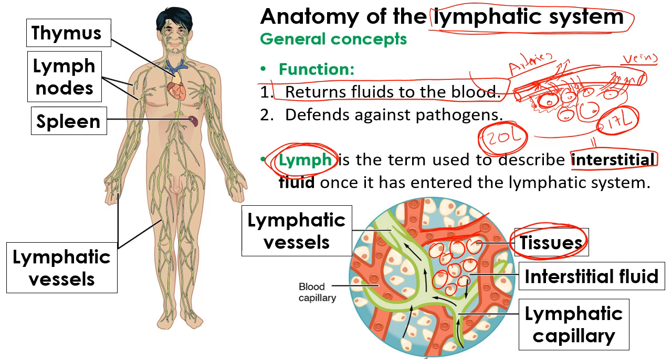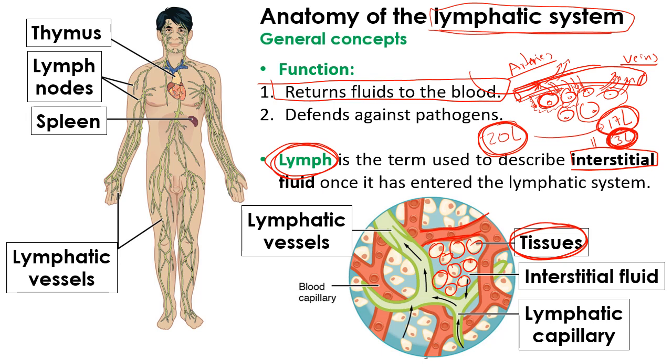That leaves us with 3 liters of fluid that are still in the interstitial space. If we do not remove those 3 liters, the tissue will swell, and will have a condition called edema. So here, in order to reabsorb those 3 liters of fluid, we use the lymphatic system.